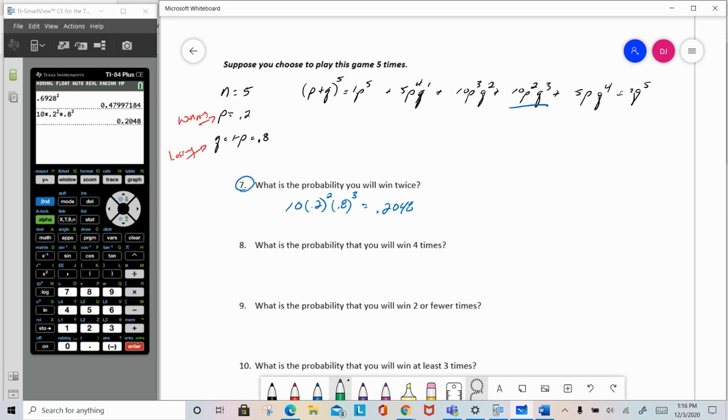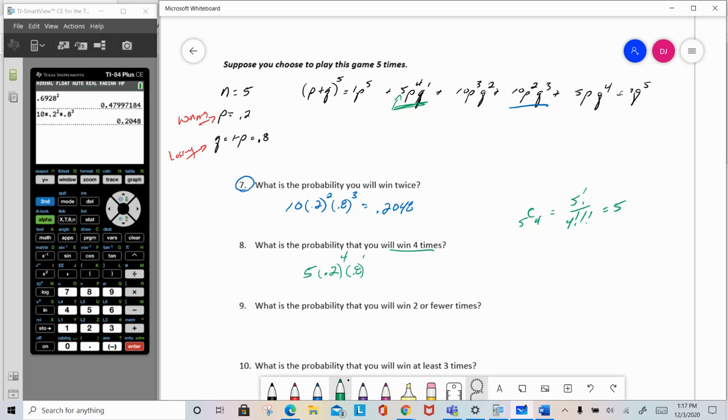What's the probability that I will win 4 times? Well, that's the probability right here. Notice that I have P to the 4th because I'm going to win 0.2. I'm going to win 4 times. I'm going to lose once. But according to Pascal's triangle, if there are 5 games and I choose any 4 to win, 5 factorial over 4 factorial 1 factorial is simply 5.